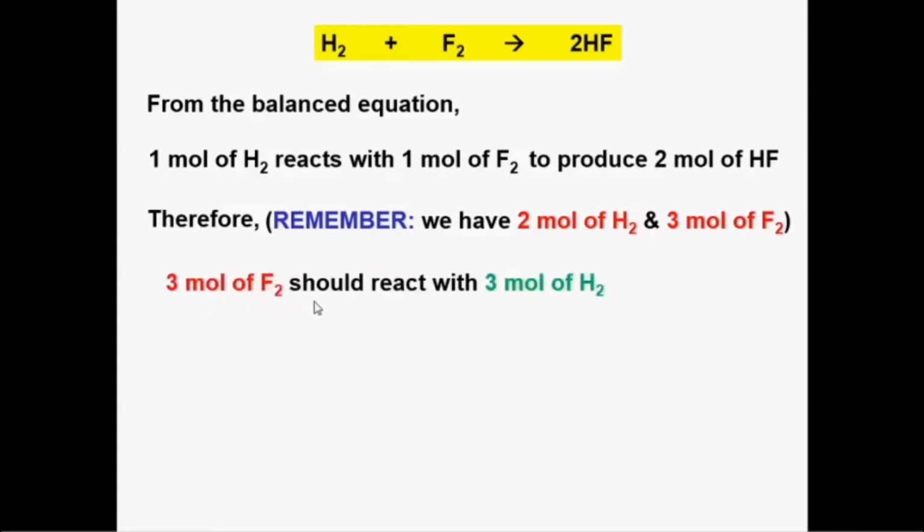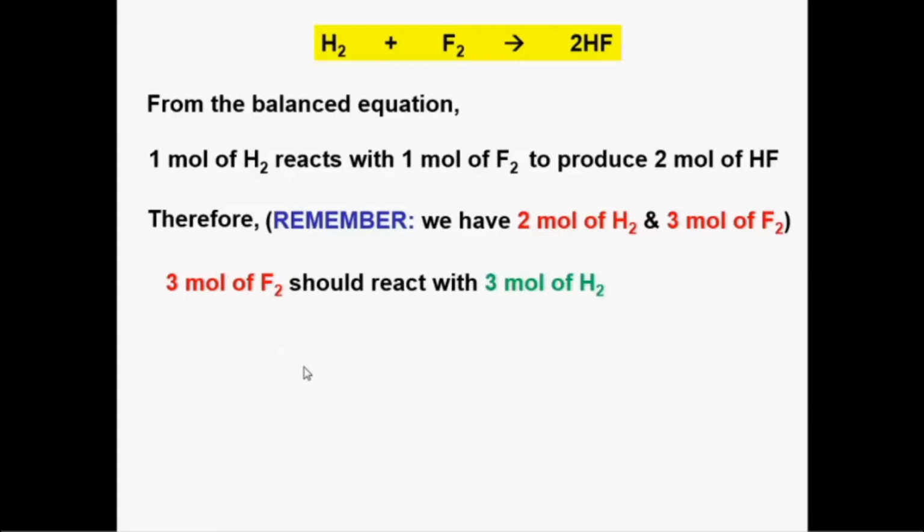Then 3 moles of fluorine should react with 3 moles of hydrogen, because the ratio of hydrogen to fluorine in the balanced equation is 1:1. So for the reaction to be completed, 3 moles of hydrogen must react with 3 moles of fluorine.